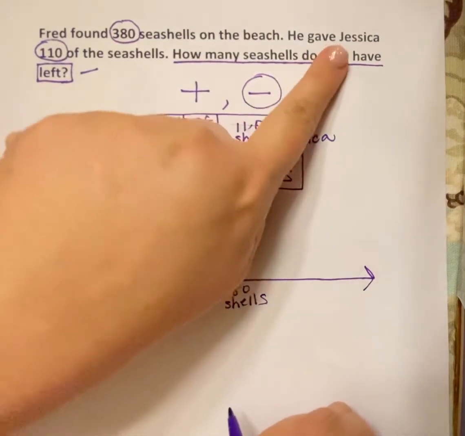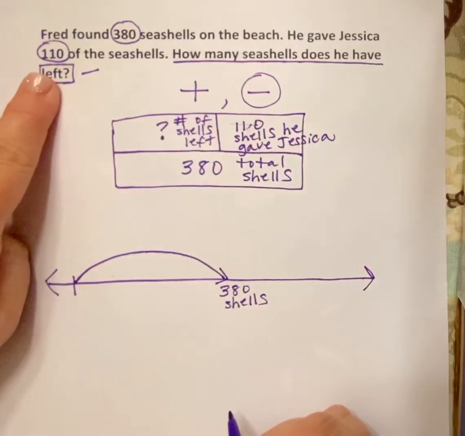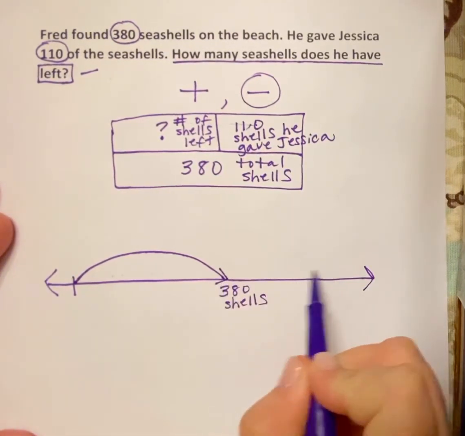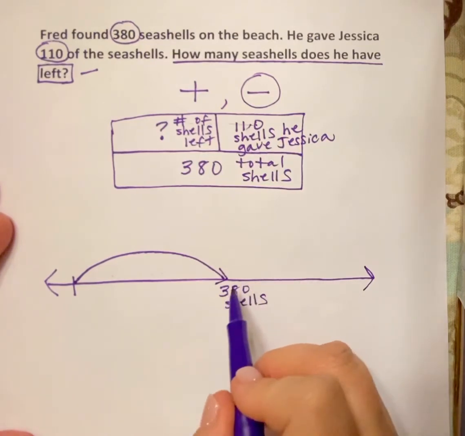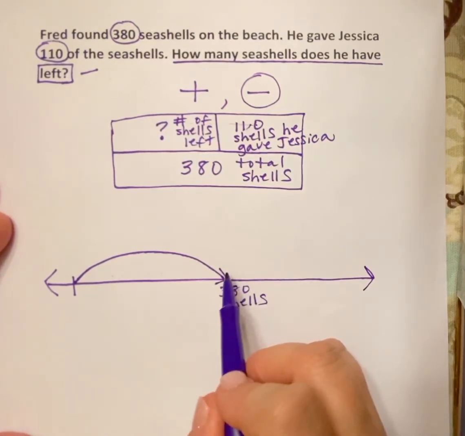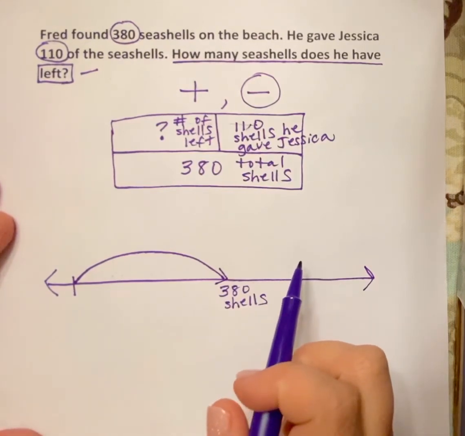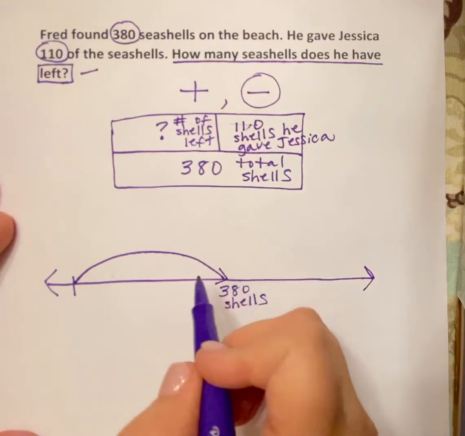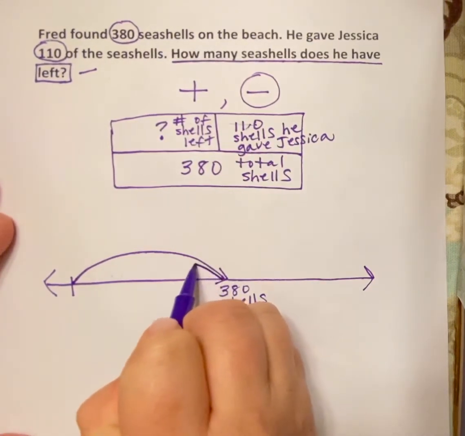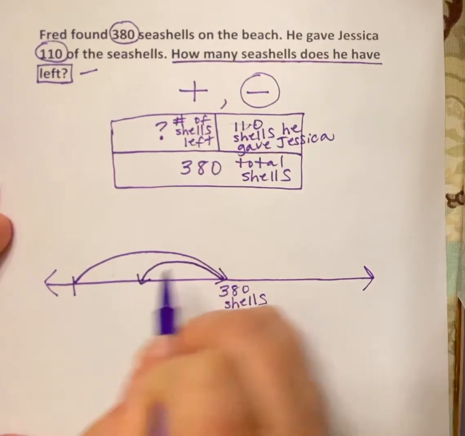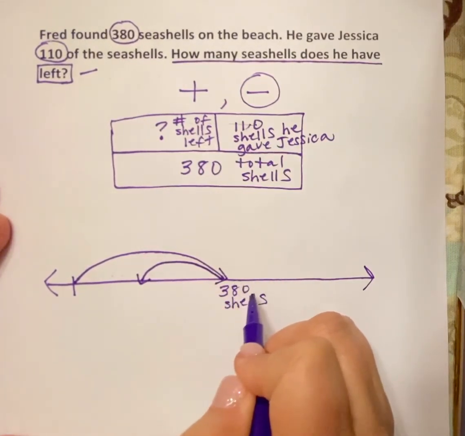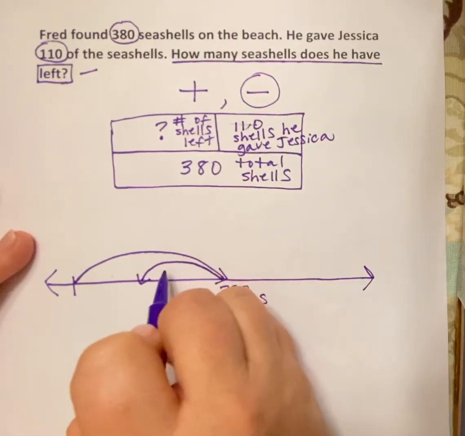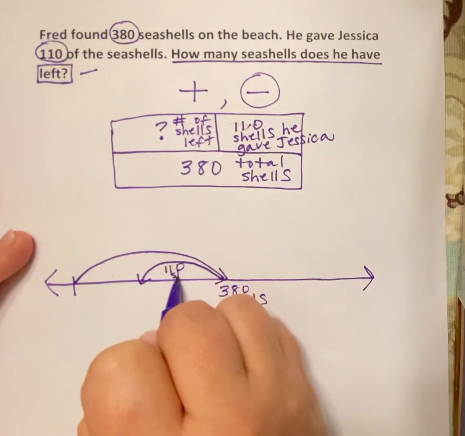And I know that Jessica was given 110 of those shells. So I don't want to go forward. If I go forward, my numbers are getting larger, which means I'm adding. I don't want to go forward, but I do need to go backwards. When I go backwards, this means that I am subtracting the 110 shells.